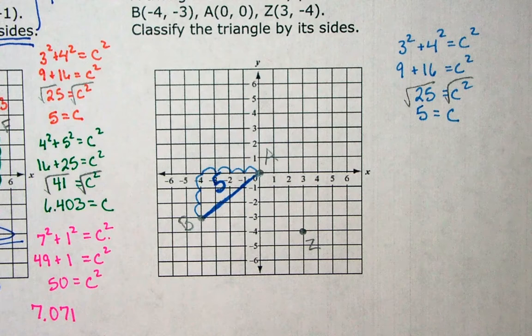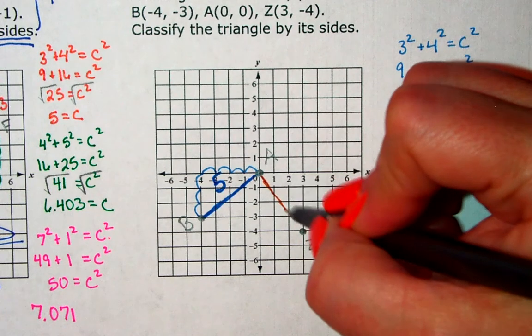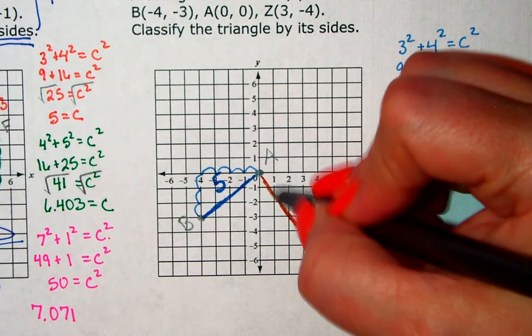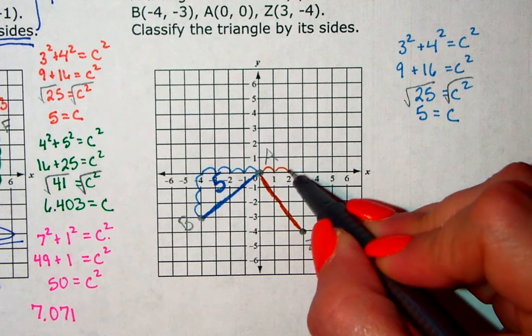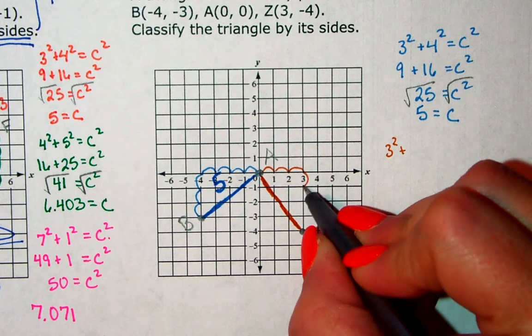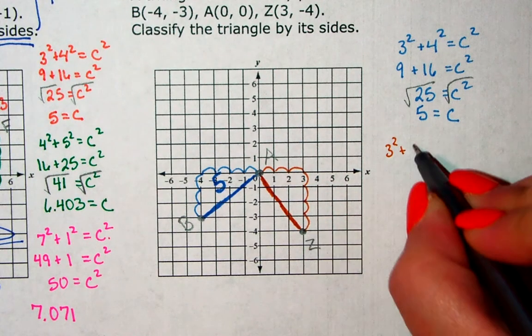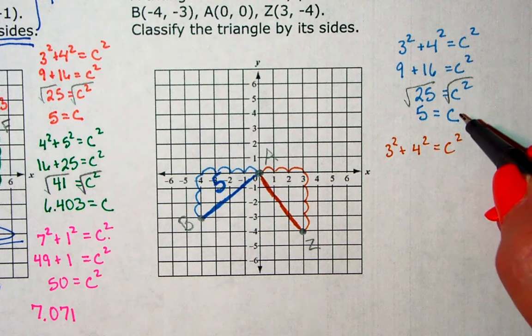Okay? Let's look at the next side. So let's do A to Z. So let's see, if I go to the right 1, 2, 3, 3 squared, plus I'm going to go down 1, 2, 3, 4, that's going to equal c squared. Well, I can already tell these are going to be equal, right?